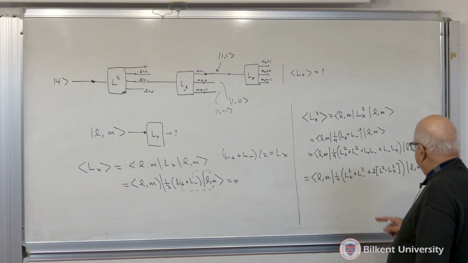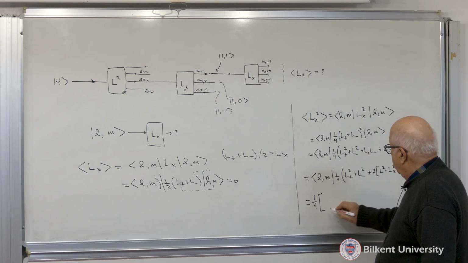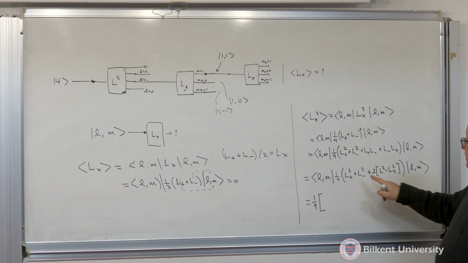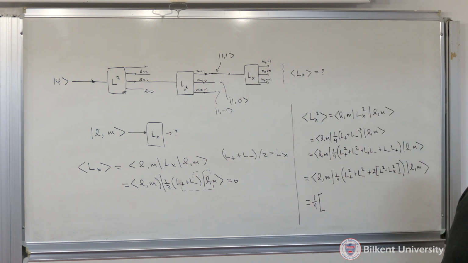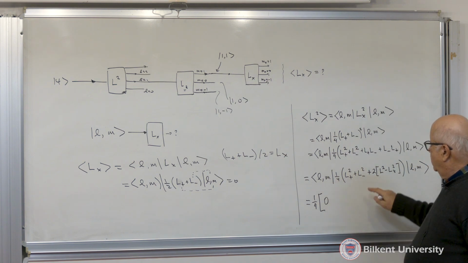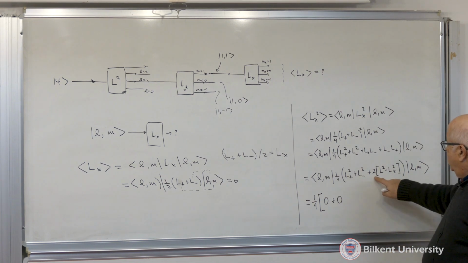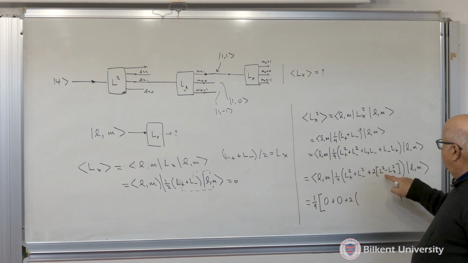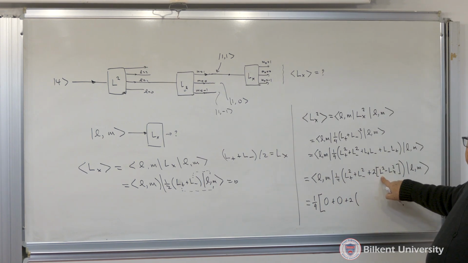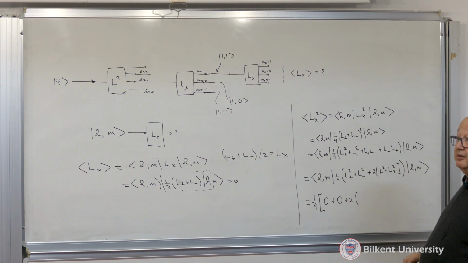So tell me what these things are term by term. There's a 1 over 4. What's the average of L plus squared? 0, because this raises m by 2, which will be orthogonal to this one. What about this one? 0 again, because that lowers by 2. Then I have a 2, and L squared gives me l times (l plus 1) h bar squared.